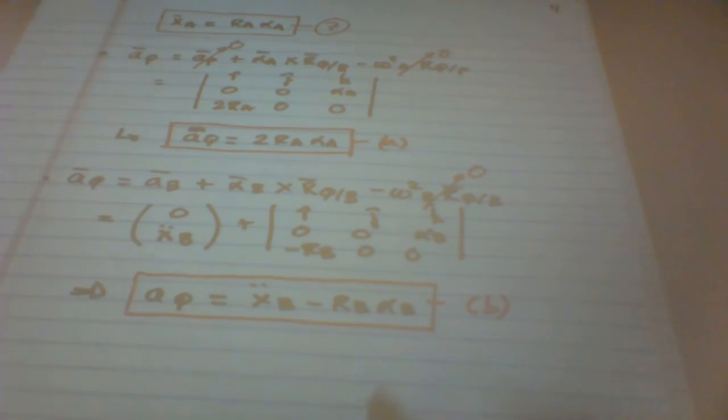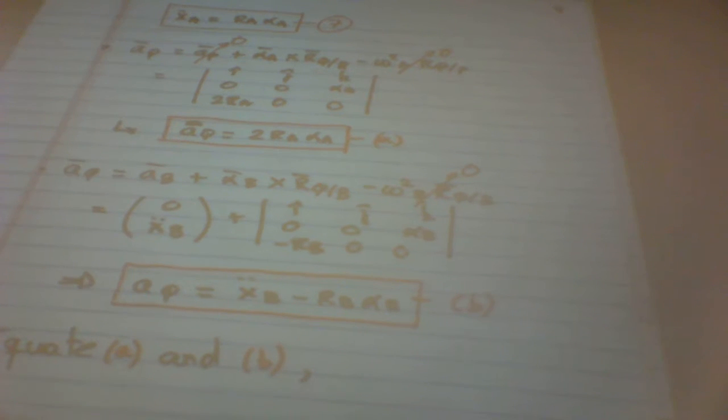So from here we get A sub Q equal to X double dot B minus R sub B alpha B. This is going to be equation 9, equation B. So we equate those two equations.